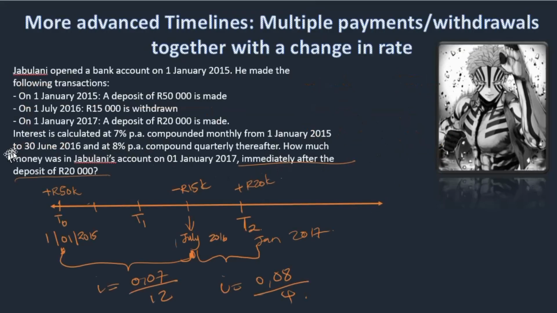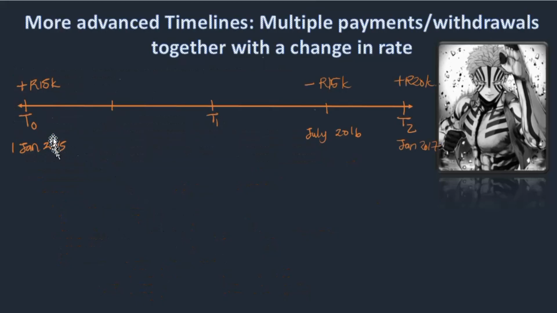I'm moving across a lot of things. I have an interest rate now. The interest rate from January up until 30 June 2016 is 0.07. Here I'll use a different color for that, so it becomes much nicer.